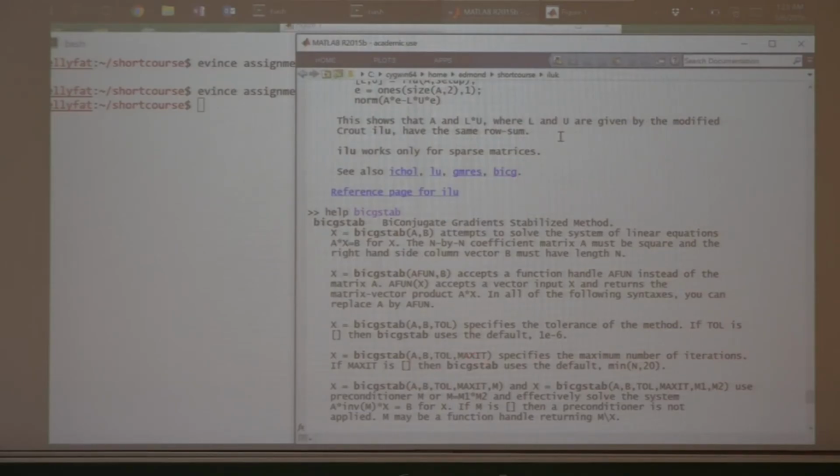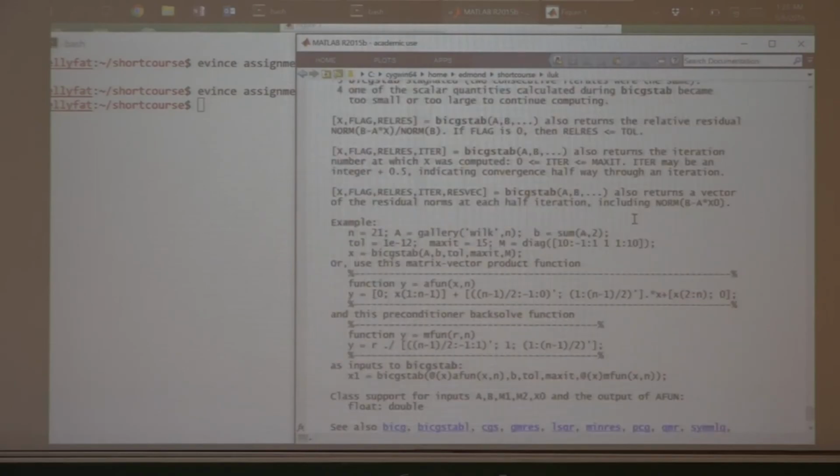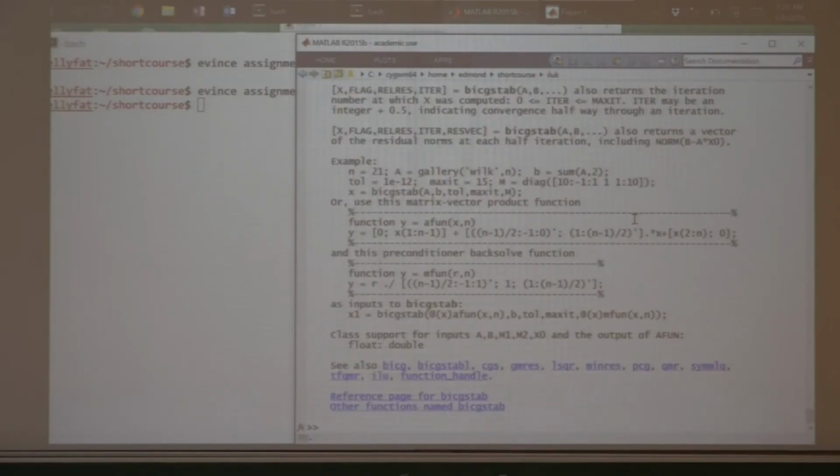Make sure that this is large enough. Like you could choose maybe, depending on your problem size, 10,000 or something like that. And you could also pass in your preconditioner, your ILU preconditioner. And there are some examples down here of how to use it, right? So here it uses a diagonal preconditioner.